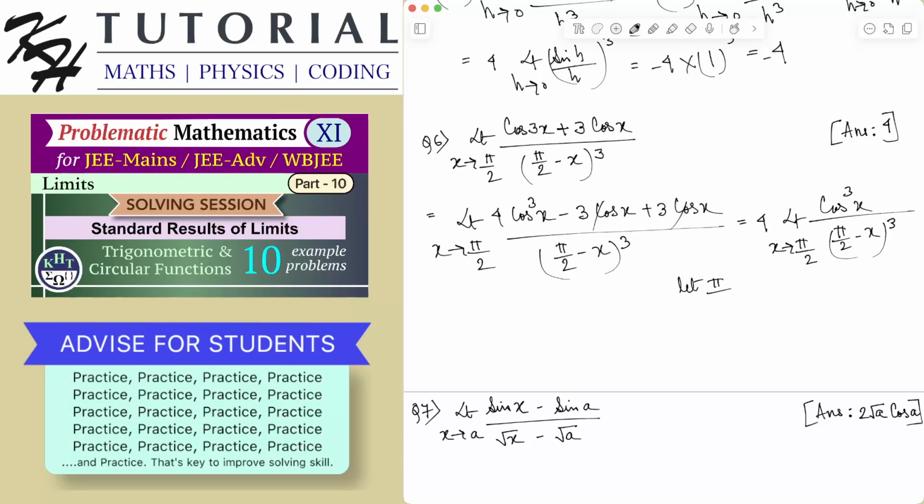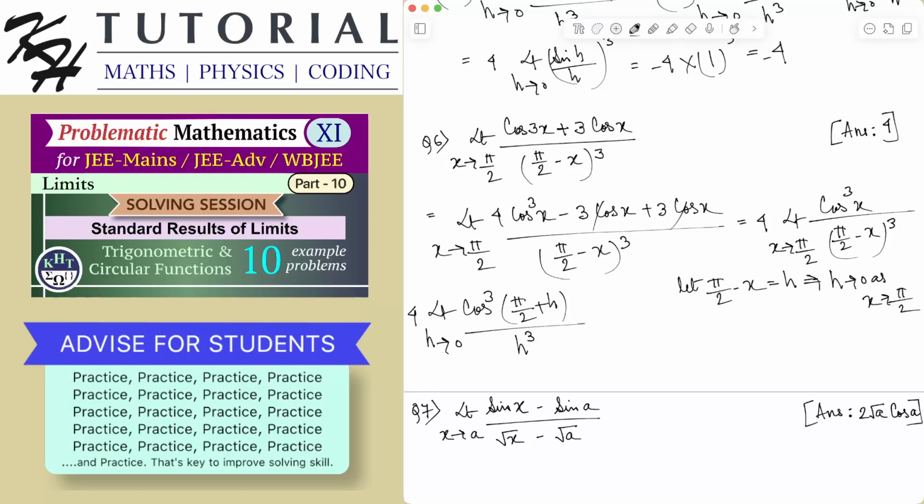Let pi by 2 minus x be equal to h. So h will tend to 0 as x tends to pi by 2. Then the limit becomes 4 times limit h tending to 0 cos cube (pi by 2 plus h) divided by h cube.